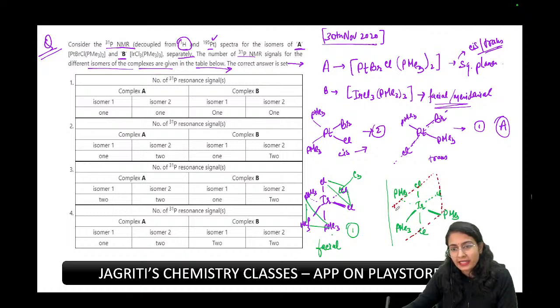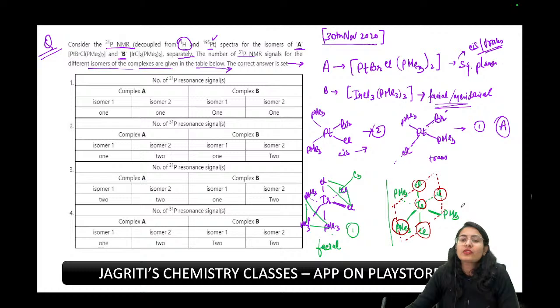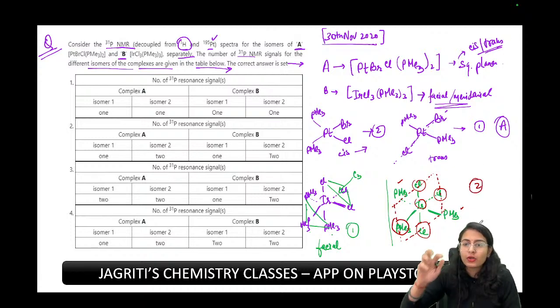A sigma plane that contains all of these groups, this one, this and this. This is the sigma plane cutting the molecule like this. So both of these phosphines have become the same and only one phosphine is different. So how many total phosphine signals will come? Two. Two again. Okay. So 1, 2, 1, 2 you are getting for complex A.